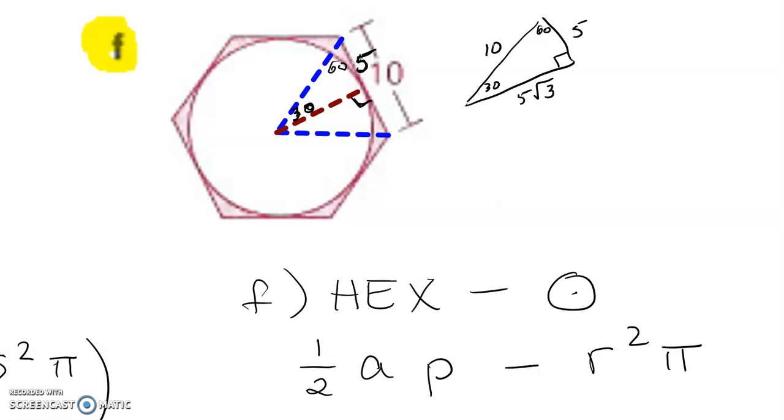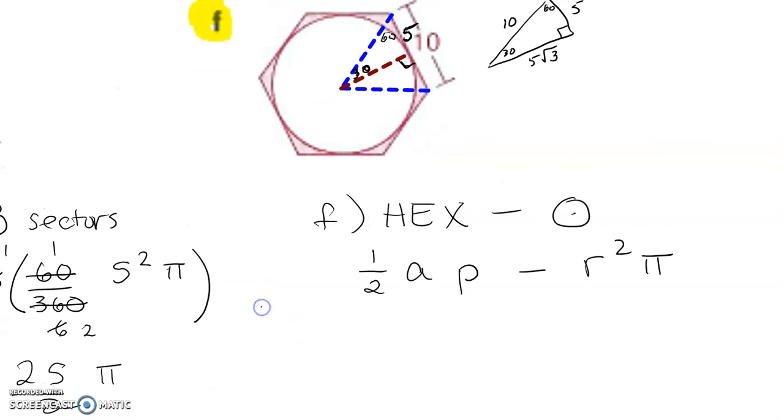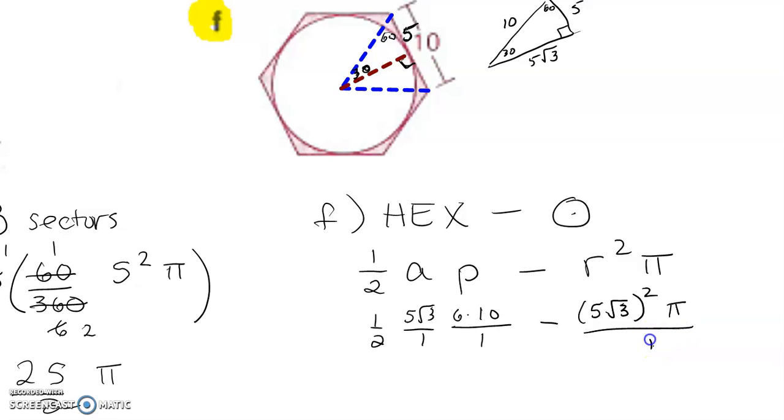So then the apothem is 5 root 3, and the perimeter is 6 sides that are each 10. The radius is the same as the apothem here, which is 5 square root 3 squared times pi.